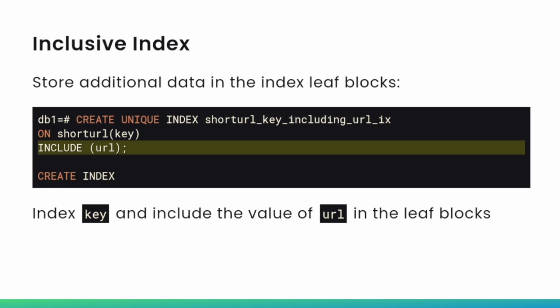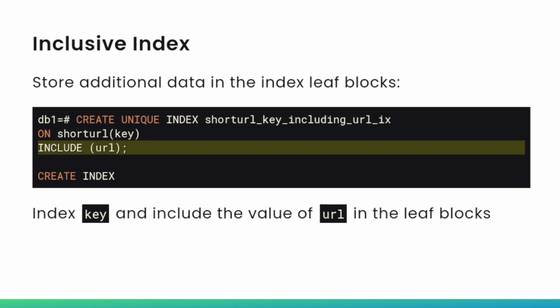You can actually store additional data in the leaf block of the index. So let's see what it looks like. We're creating a unique constraint called short_url_key_including_url_ix. This is my convention. I like to make sure that I know exactly which columns are included in the index.